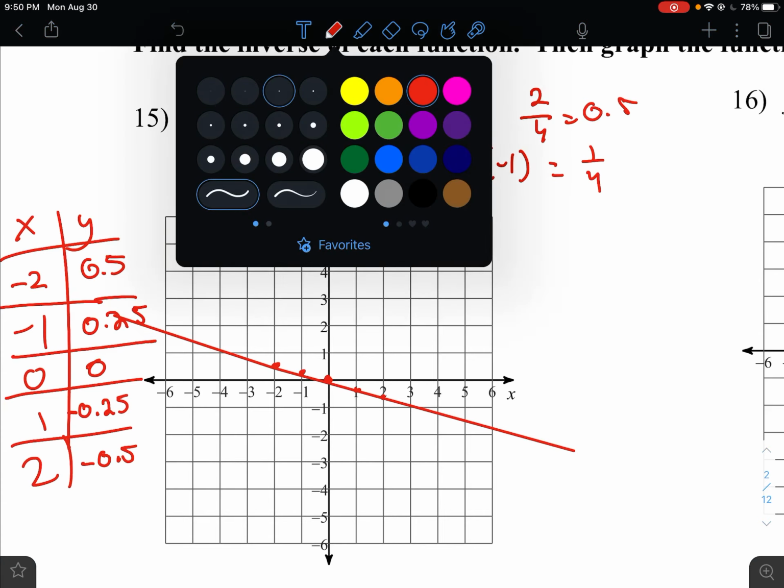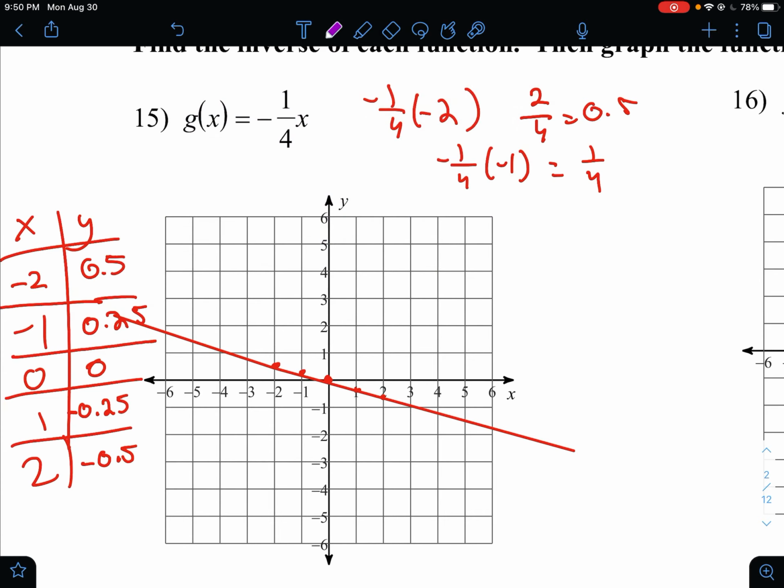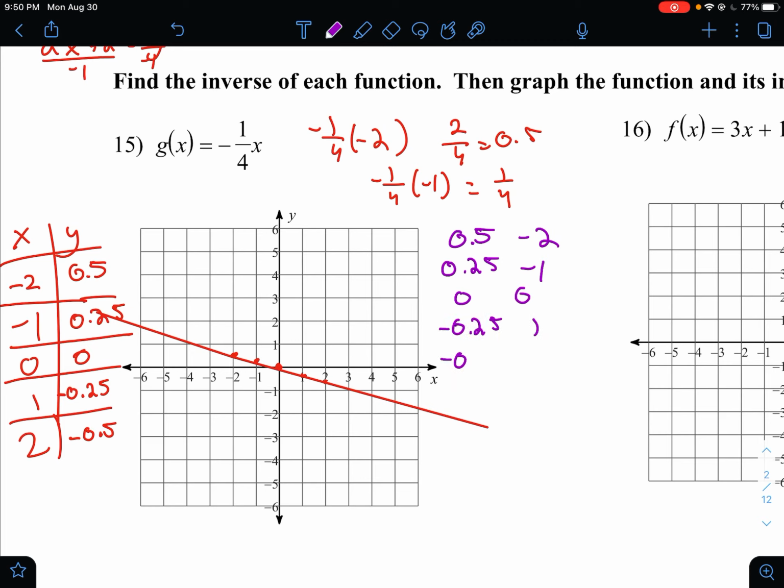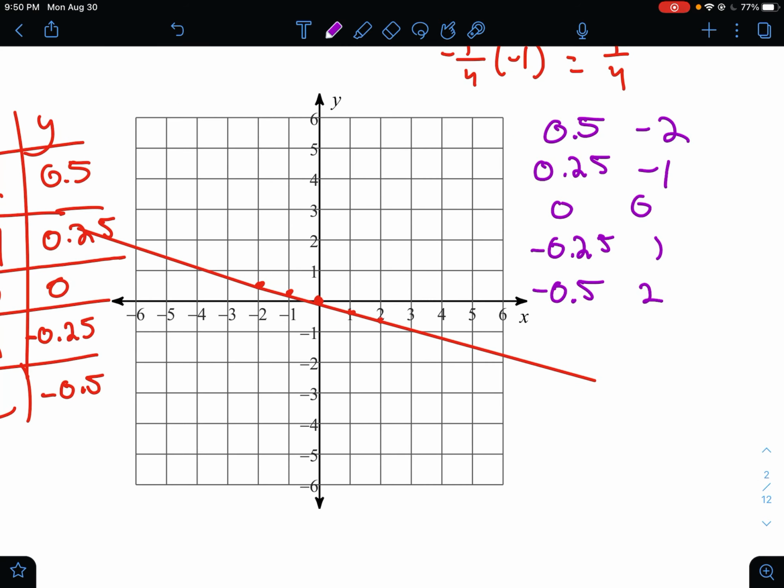So now, when we are doing the inverse, I would recommend graphing the inverse in a different color. If you have a different color, make your life easier. So we have 0.5, we go to negative 2; 0.25, we go to negative 1; 0, 0; then negative 0.25, we go to 1; and then negative 0.5, we go to 2.